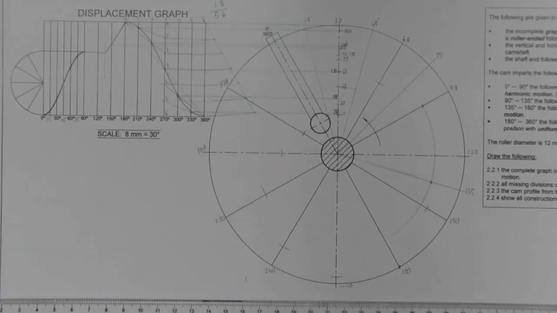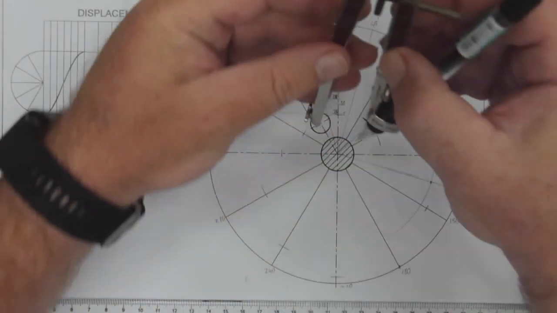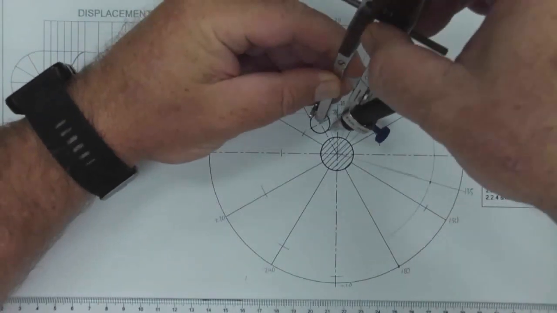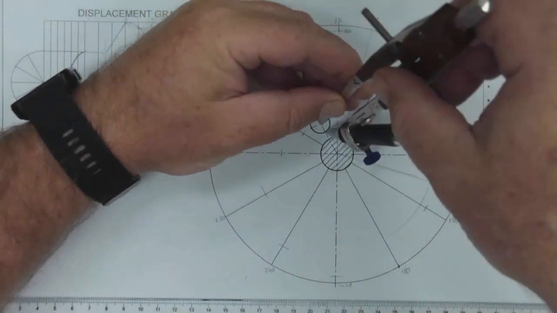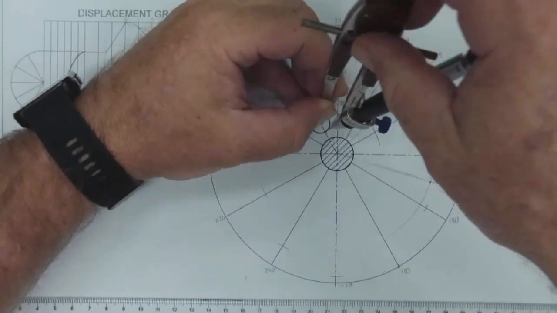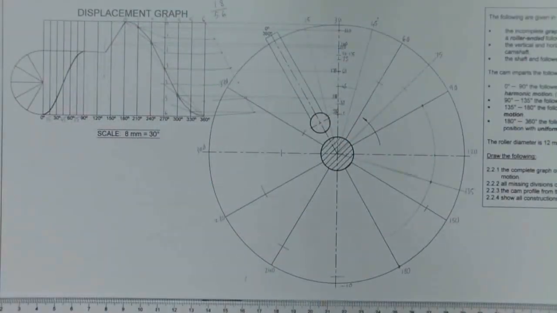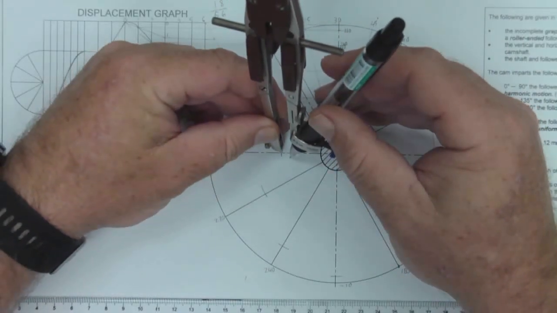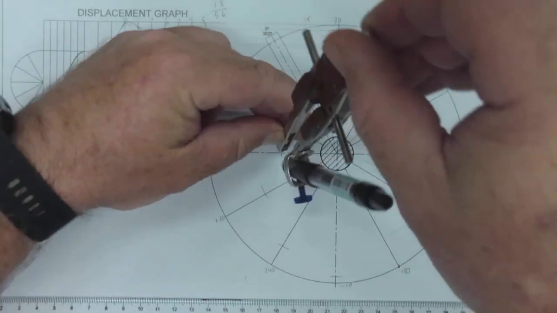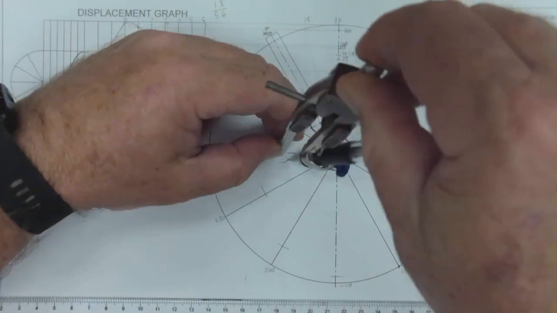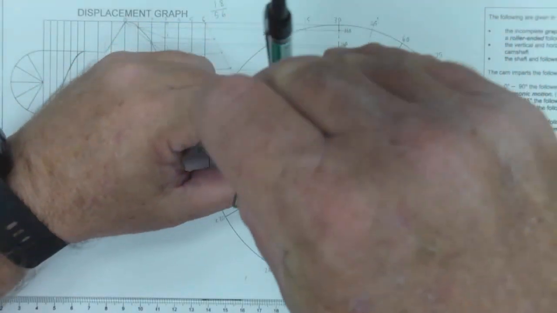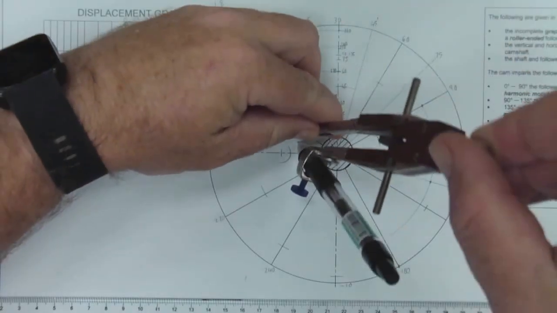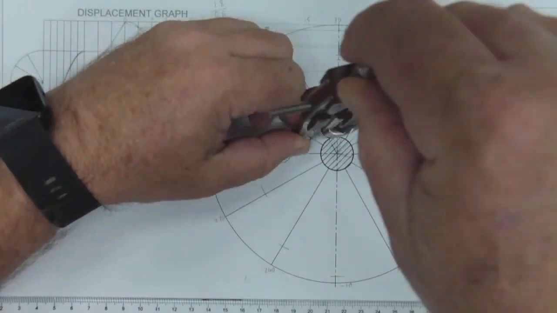Now let's remember from each of those points I now need to draw the roller. So what I'm doing is setting the size of my roller, getting the diameter of my roller, and at each of the points I've plotted now, I'm happy to draw a semicircle because that's going to give me an idea of where my cam profile will be.